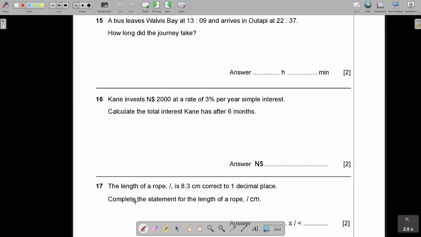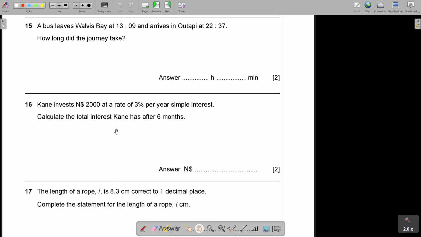Next question. Question number 15. A bus left Walvis Bay at this time and arrives in Utapi at this time. How long did the journey take? This is time. Now, we did it in grade 8, I think you did it even in primary school. So you just take your 22:37 and you subtract your 13:09, and it was a nice one.